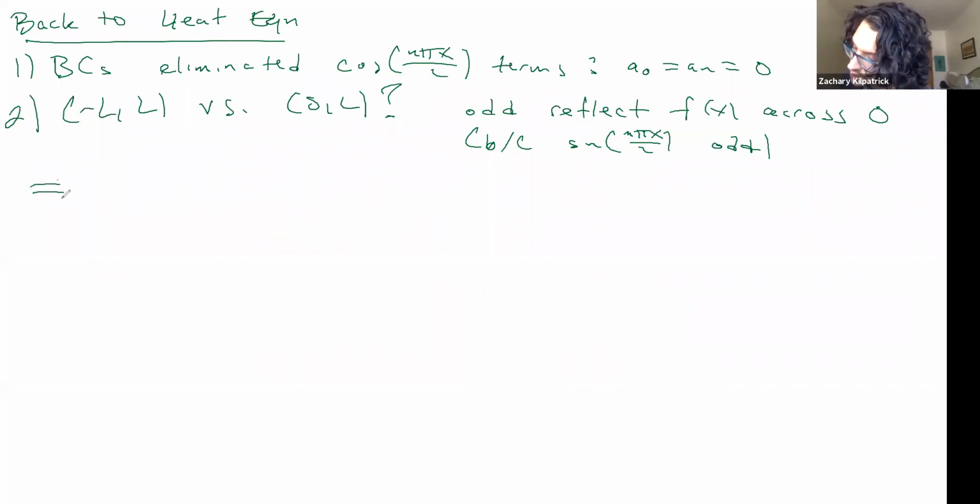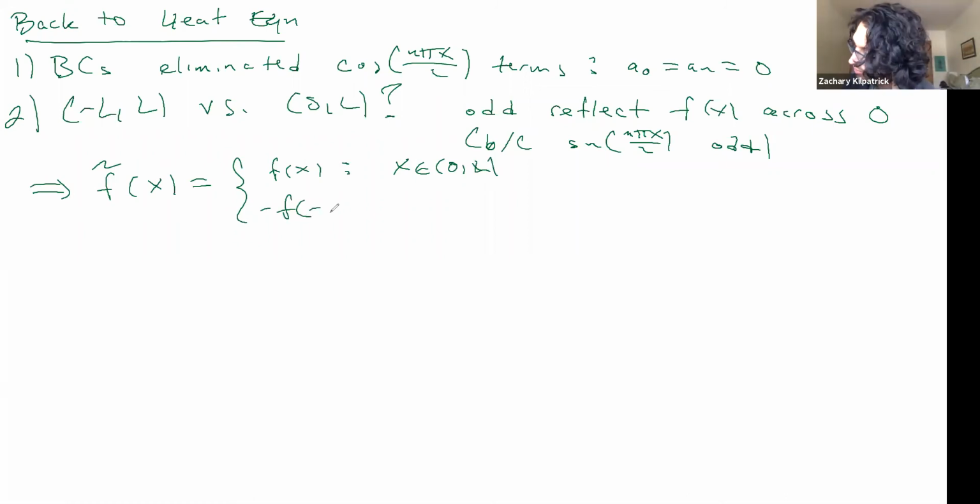So I'll have this odd reflected function f tilde of x, that's equal to f of x when x lives in 0 to L, okay? And minus f of minus x when x lives in minus L to 0, okay?